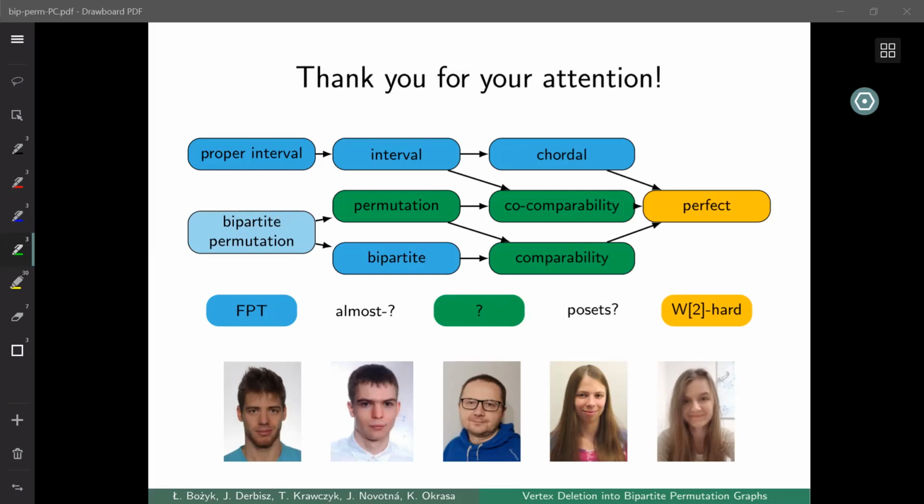Thoughts on permutation graph vertex deletion? Actually, about permutation graph vertex deletion, maybe I can tell you that our entire research that led to this result started with permutation graphs, and they turned out to be not easily accessible, for example, because of this very complicated family of forbidden induced subgraphs.